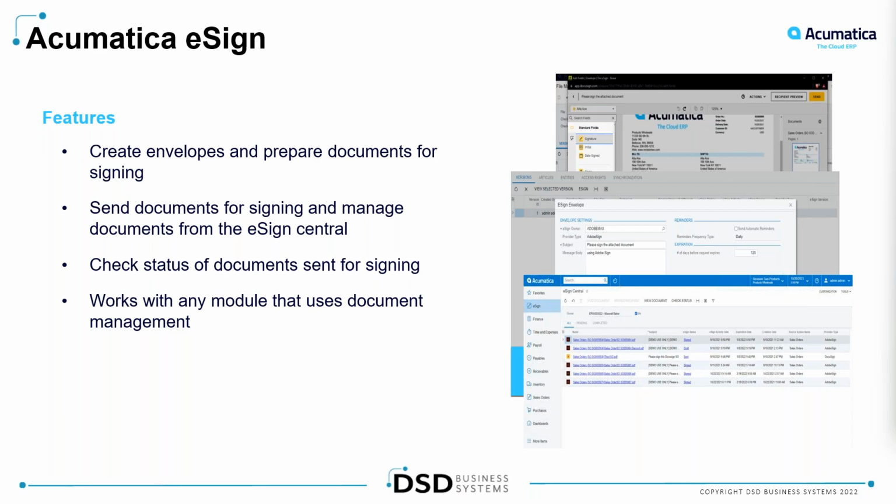We'll look at a couple of screens just to show, especially the eSign Central, just an amazing screen that can show us where are these documents at. So if you're tracking sales order quotes through e-signature tools, if you're tracking contract renewals, if you're using the Acumatica project modules or any other functional areas as well, great tool to track this.